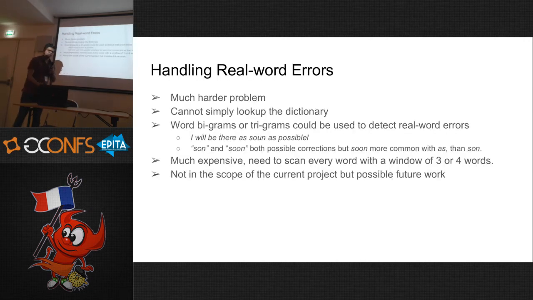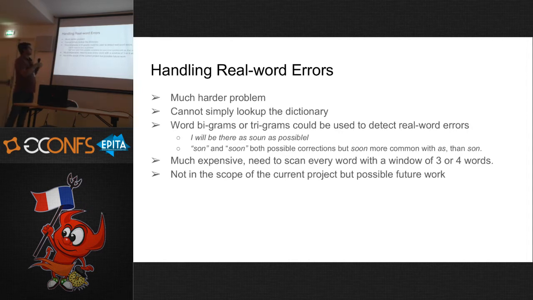So how do we handle real word errors? It's a much harder problem. Because all of these are actual real words, we can't just look up the dictionary and say this is not a correct spelling. So we can use bigrams or trigrams to figure it out based on the surrounding context.